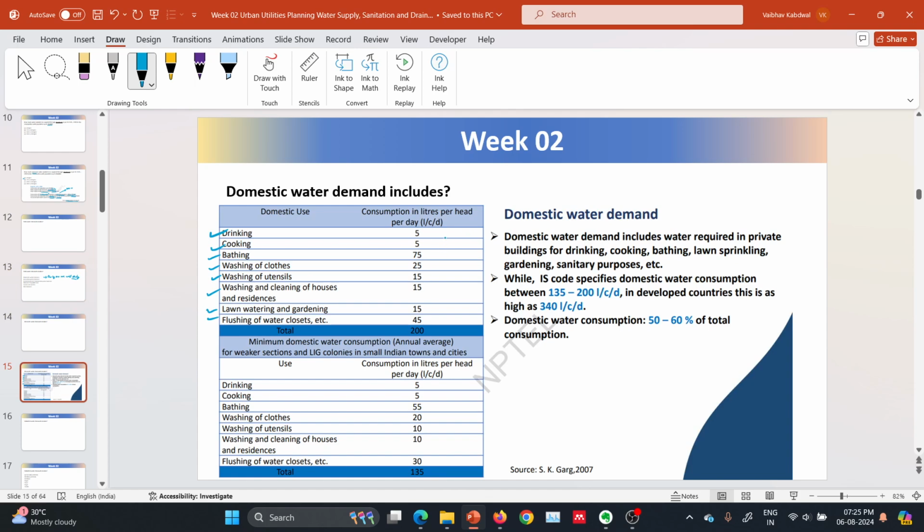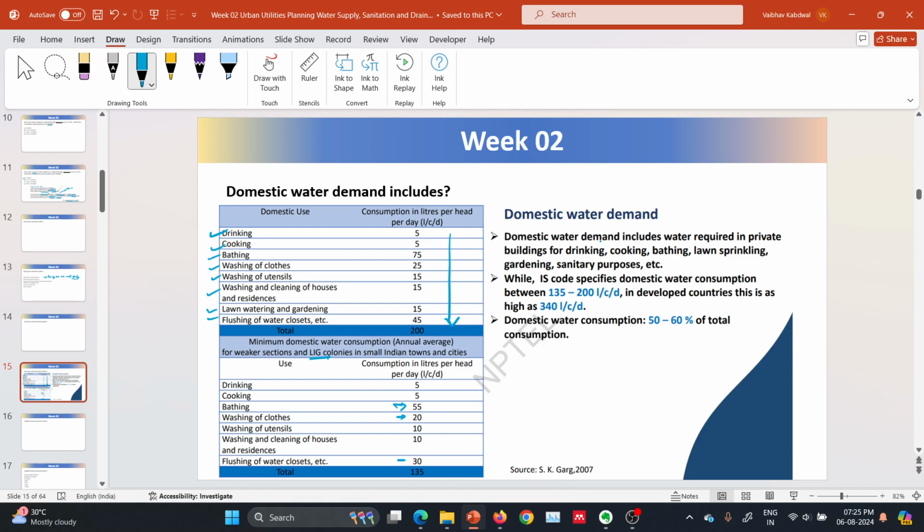So if we add all those things, we will get 200 liter per capita per day. So per person is 200 liter per capita per day. And for low income group colonies, some things are less: for flushing of water closets it is less, for bathing it is less, and for washing of clothes it is 5 liter less.